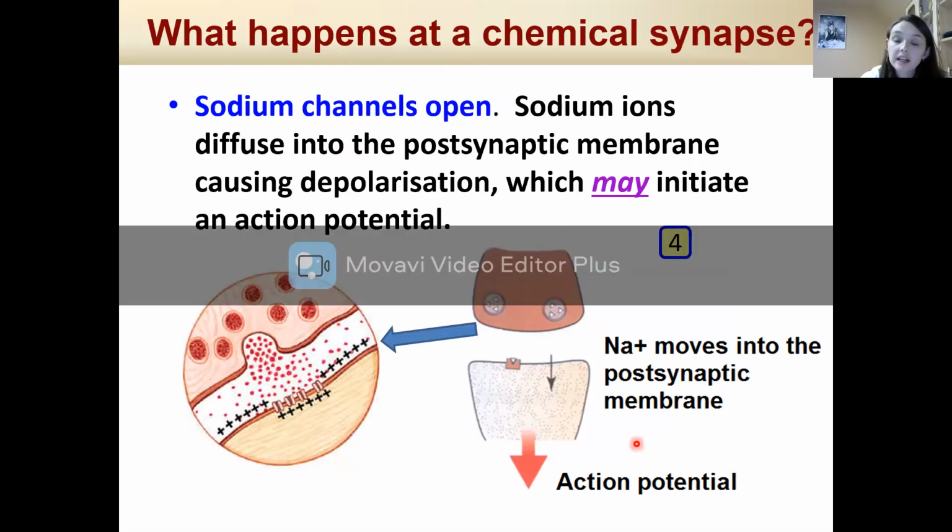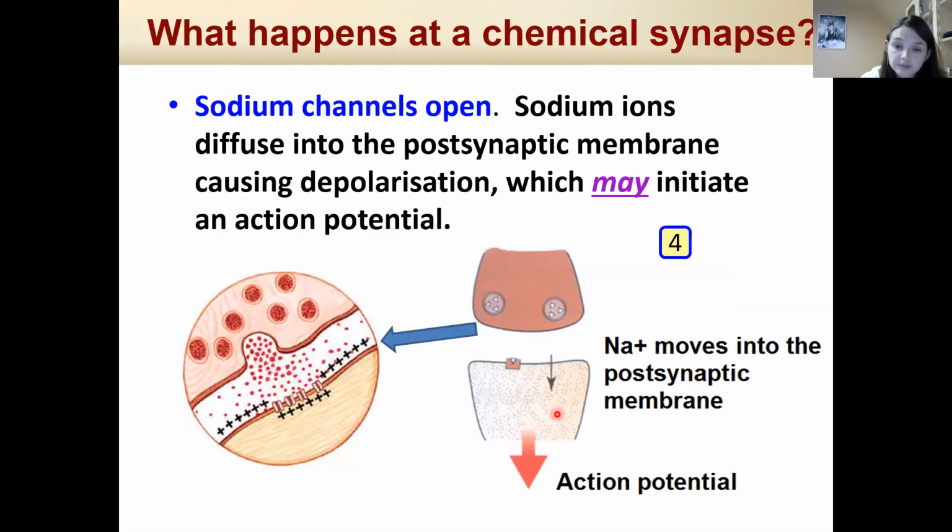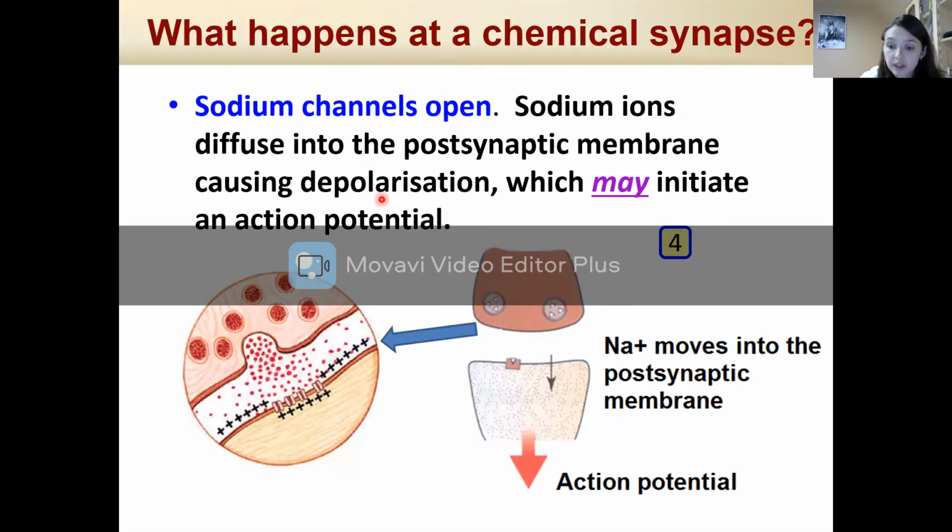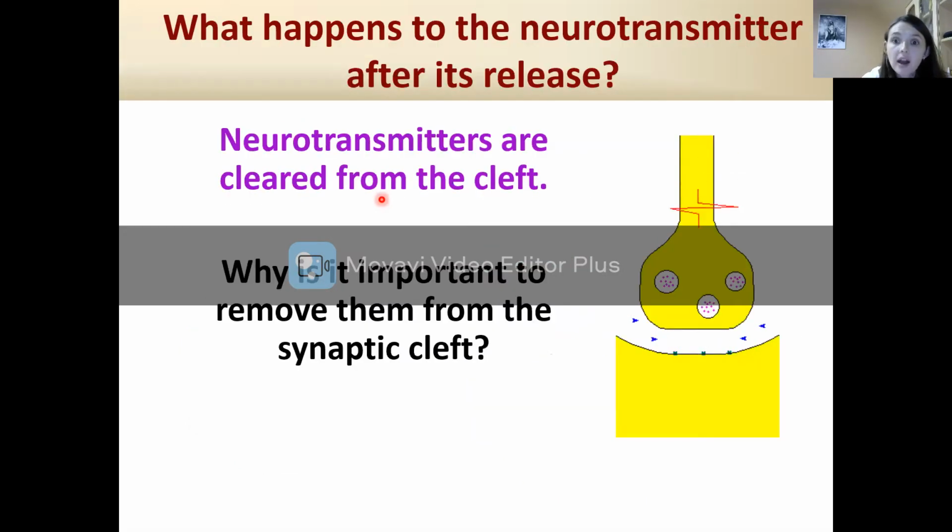So if they bind to the ligand-gated sodium ion channels, sodium will diffuse through the postsynaptic membrane inside the neuron, and it will cause depolarization, which could initiate the action potential. And as a result, this action potential will be transmitted further.